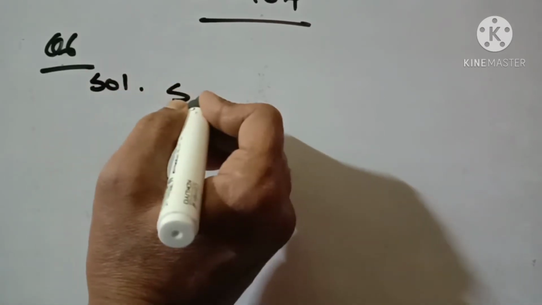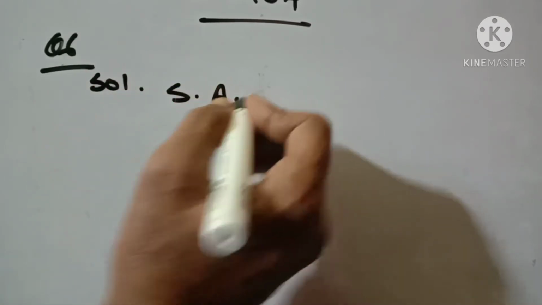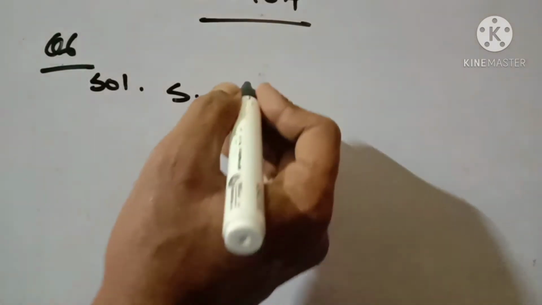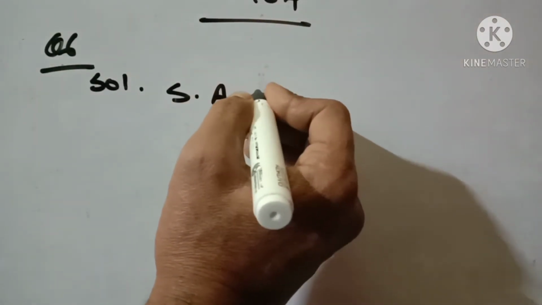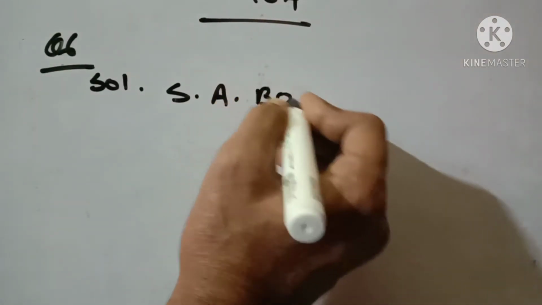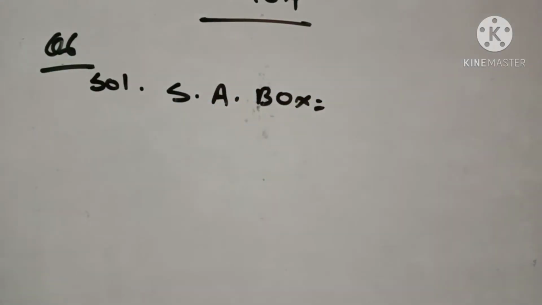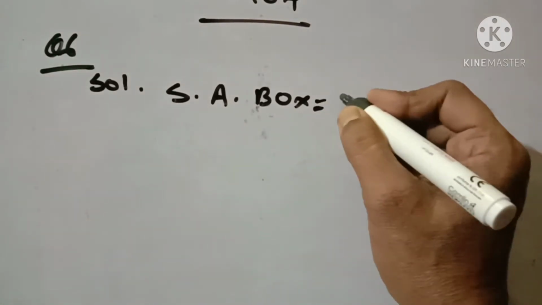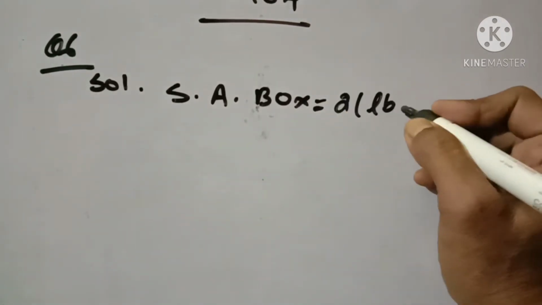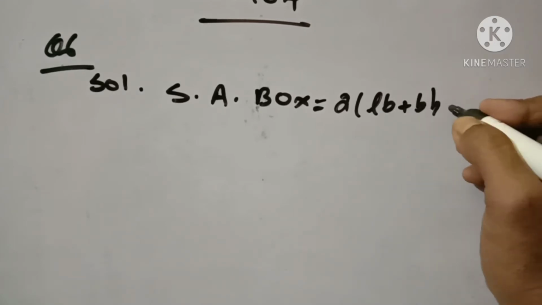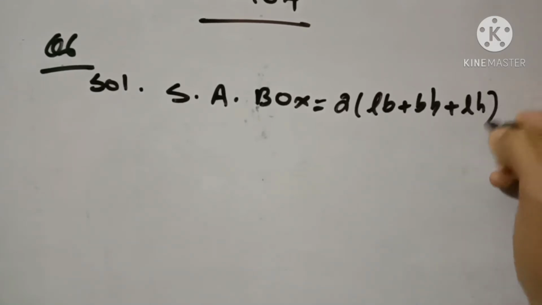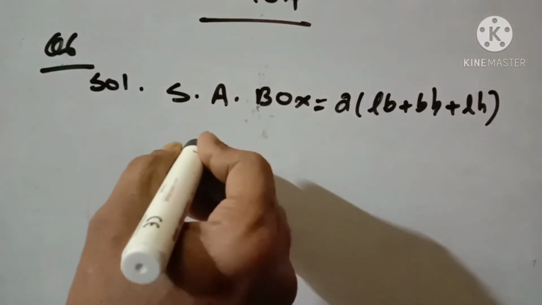So the surface area of a rectangular solid box is equal to 2 into (LB plus BH plus LH). So here length, breadth and height are given.